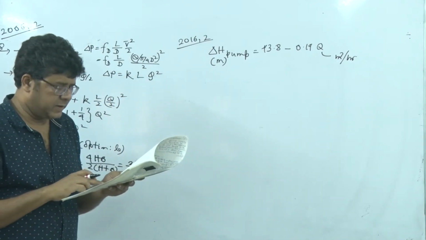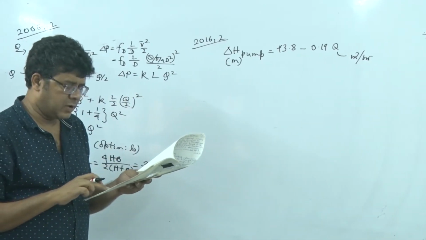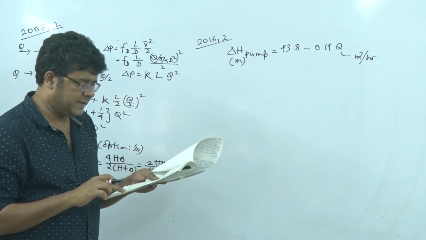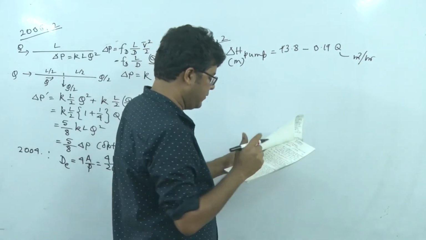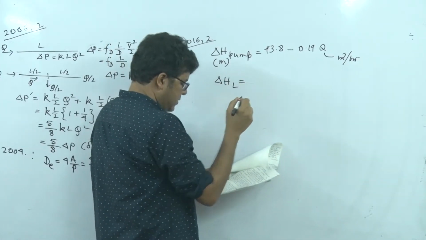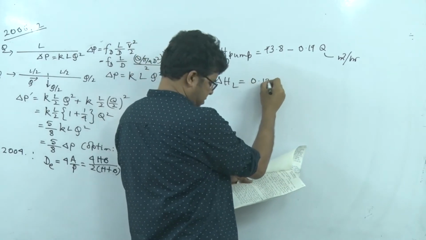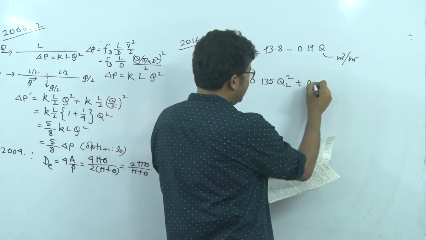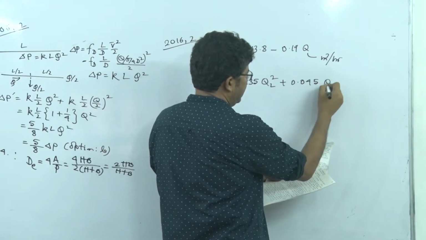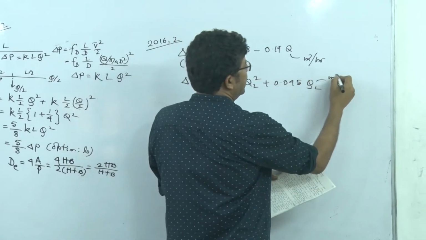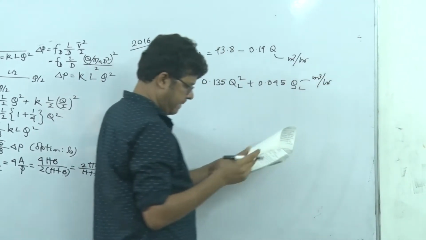The pump is to be used for pumping water through a horizontal pipeline. The frictional head loss delta H piping is related to the water flow rate. See, this head loss is related to 0.135 Q square plus 0.45 Q. The flow rate is also here in meter cube per hour.